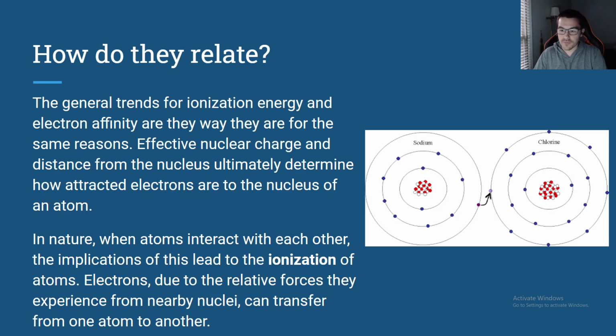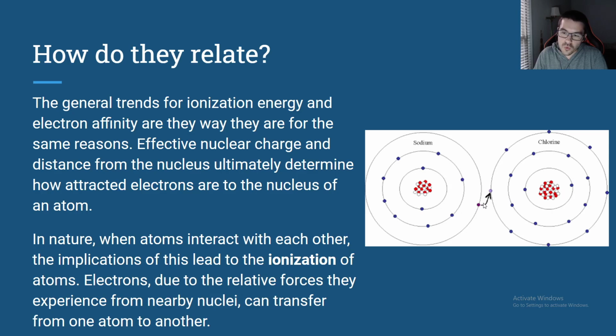So let's look at this example here. We have a sodium atom and a chlorine atom. These elements are both in the same row, row 3. Sodium has 11 protons, chlorine has 17, so you can see the physically larger nucleus here. Now this isn't drawn to scale, but it's good enough for what we're talking about right now.